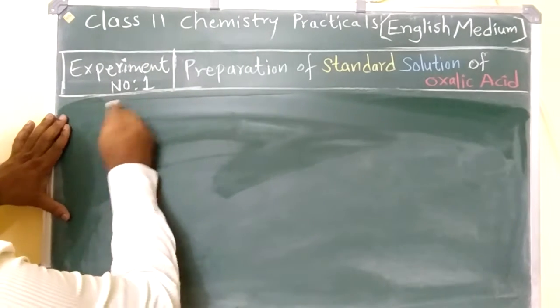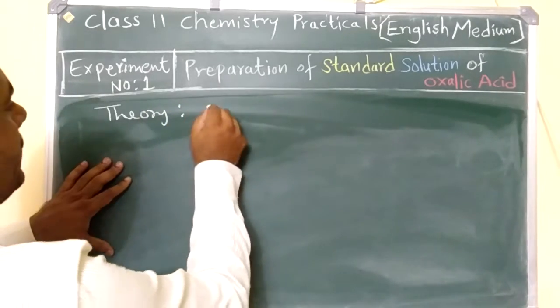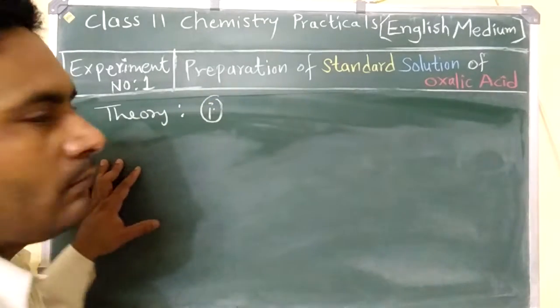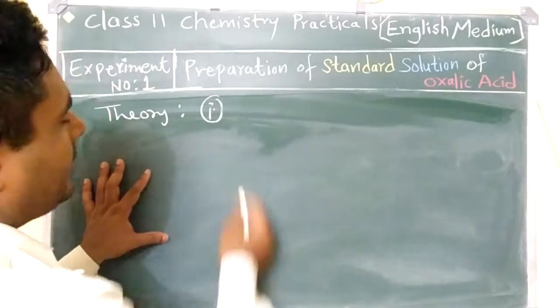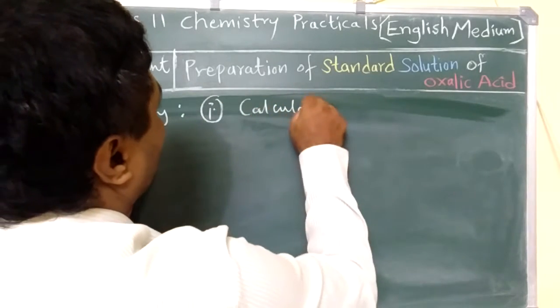So students, the theory behind this: first, we have to calculate the molar mass, that is the molecular mass of oxalic acid solid.